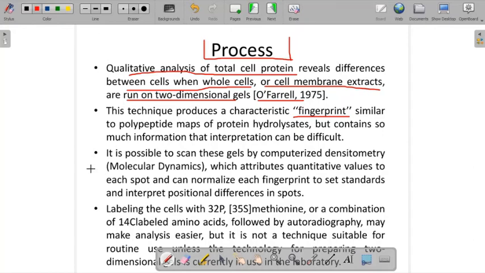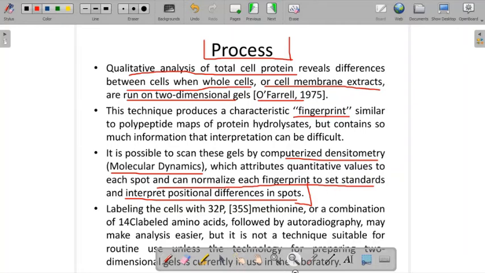It is possible to scan these gels by computerized densitometry, a subject called molecular dynamics, which attributes quantitative values to each spot, normalizes each fingerprint to set standards, and interprets positional differences in the spots. That gives us an idea about cell to cell variation, or variations in the expression of proteins.